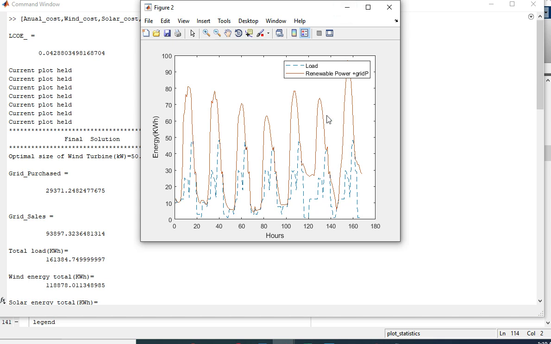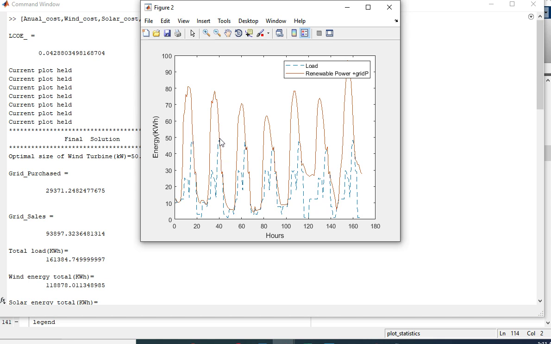This is also a weekly graph indicating how much is the load and how much is the renewable energy plus grid purchases. One thing is clear from this graph: you can see that the load is always under this renewable energy plus grid power. So it's below this red line, because we are just ensuring that the load is met at each and every time. When sufficient renewable energy is available, the extra energy will be sold.